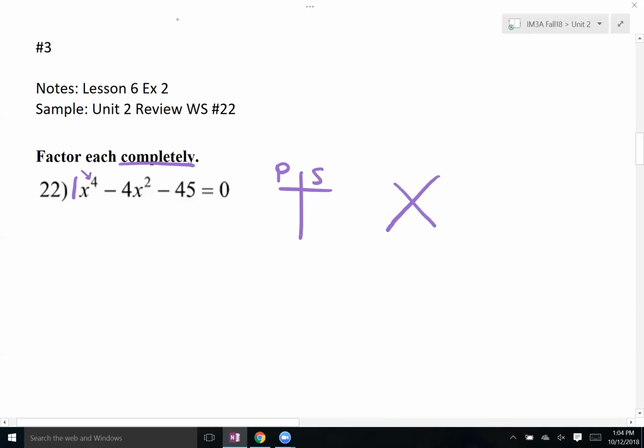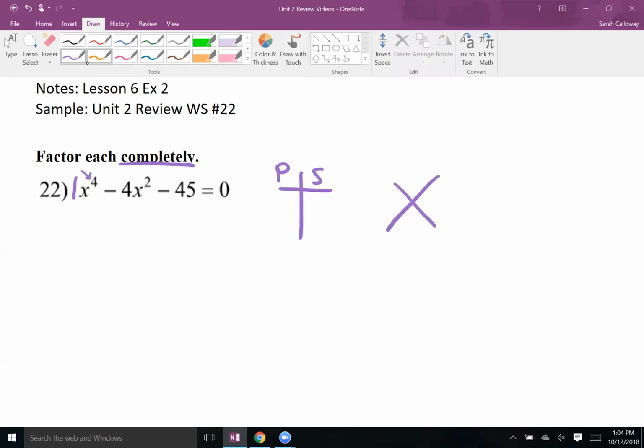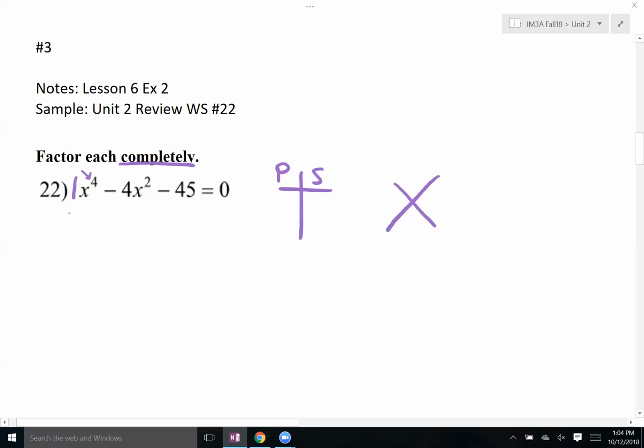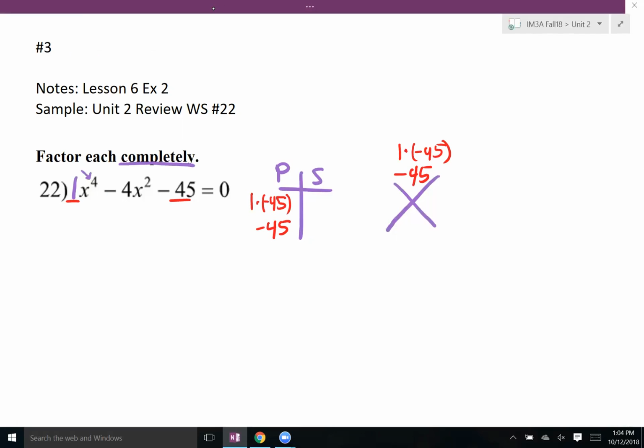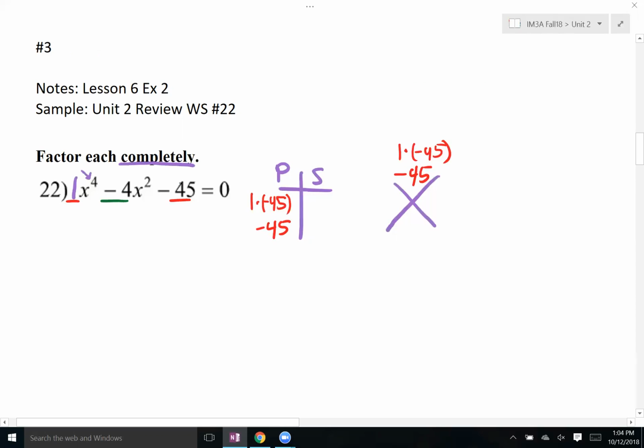When I'm doing this, I'm doing a times c still, so 1 times negative 45 means I want two numbers that multiply to negative 45, and in this case, they're adding to negative 4.